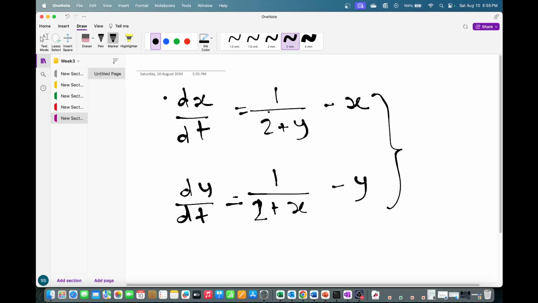Is x activating y? Is x inhibiting y? Or is there no relationship between x and y? Just looking at these equations, nothing else.